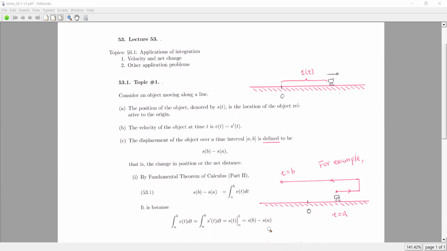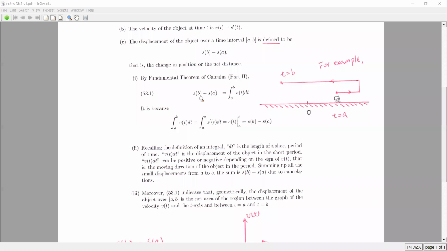So displacement is equal to the integral of velocity from A to B. One way to understand this formula is from the fundamental theorem of calculus. A second way to understand the formula is from the definition of an integral.